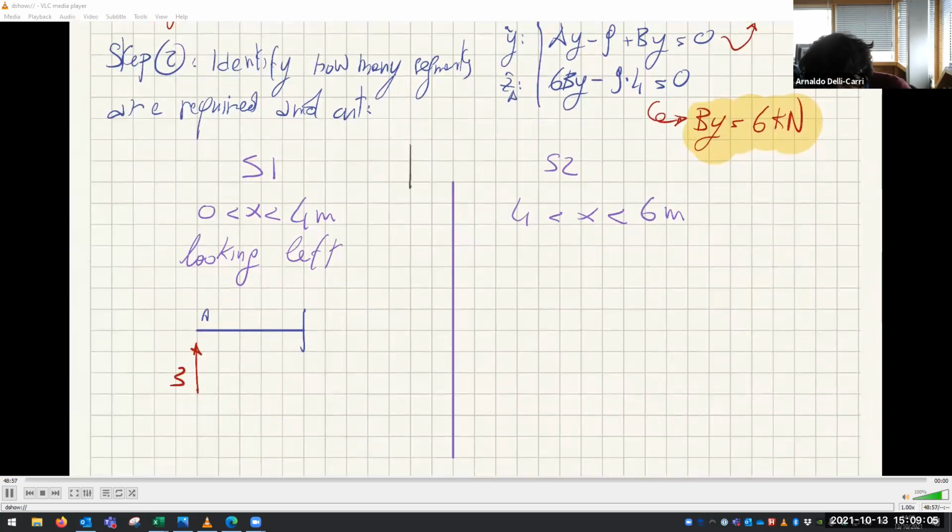The convention is always this one, where you have normal force, shear forces, then you have bending moments.